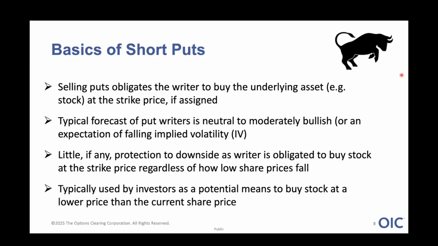So it really only works for people who are looking to own shares at a particular level, buying stock at a level lower than where the market is currently trading. It's a way to get paid to wait for stocks to get down to a level that you're comfortable buying them at.